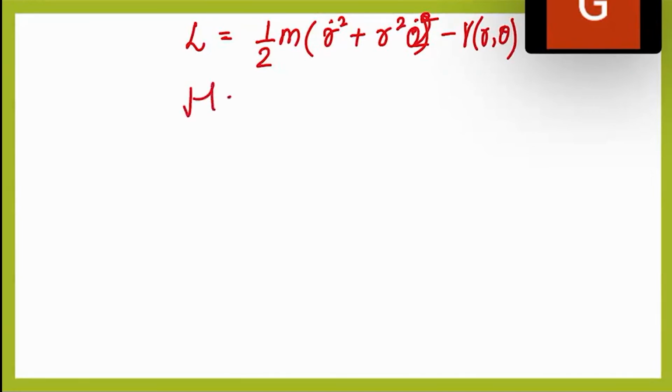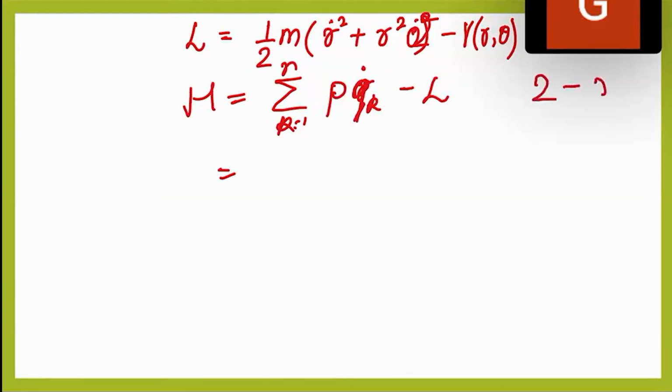Now H will be equal to, we know, the summation from k equals 1 to n of p_k q_k dot minus L. Plugging in the values, how many generalized coordinates are there? Two generalized coordinates, which are r and theta.